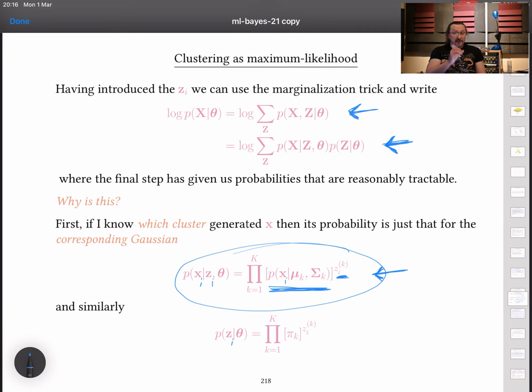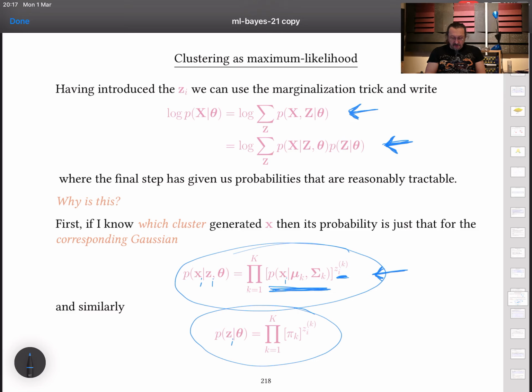And similarly, for this, the probability of a particular latent vector, the ith latent vector, corresponds simply to the probability of selecting the cluster that that latent vector corresponds to. Okay. If I have a latent vector that is 1 at the position of a specified cluster, the probability of observing that has to be pi sub k for k corresponding to that cluster.